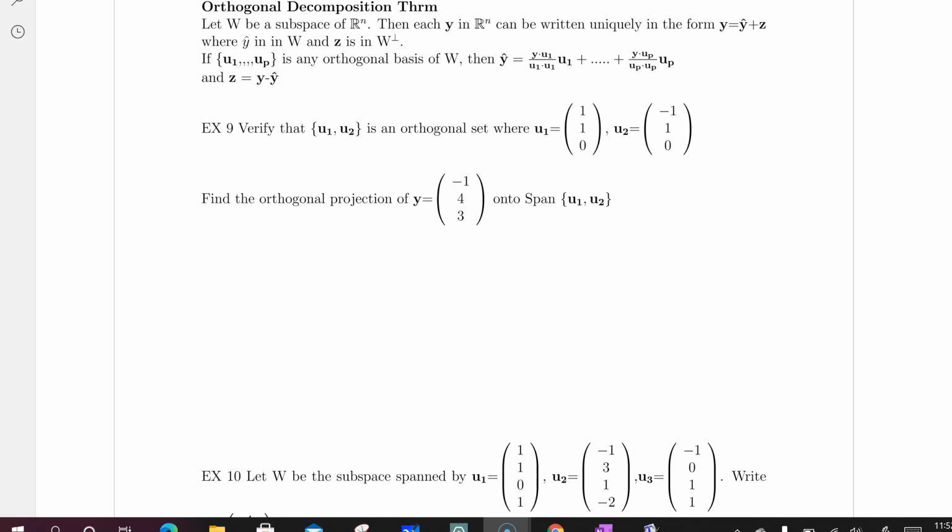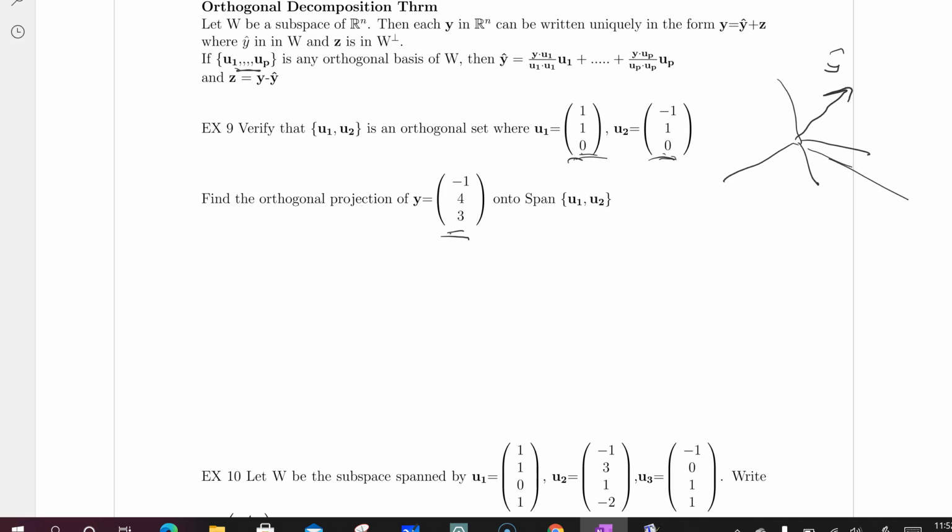Okay, so now I have more than one vector, but in my example here I've got two vectors. So I'm going to be finding y hat, the orthogonal projection of y onto these two vectors. I can't possibly do it justice in a picture, but let's just say I've got these two vectors in R3, down here, and y is up here.